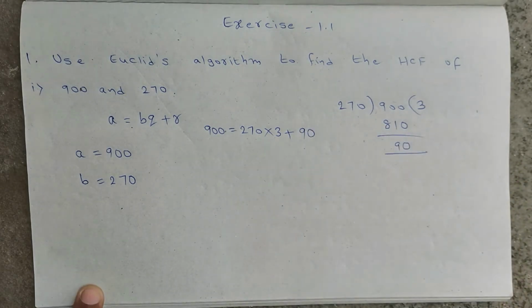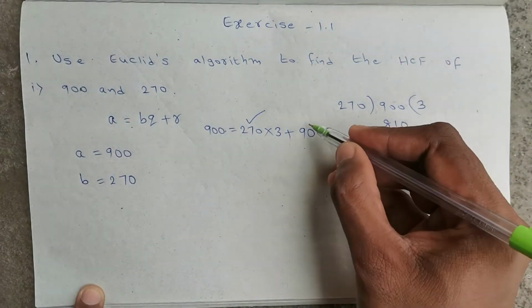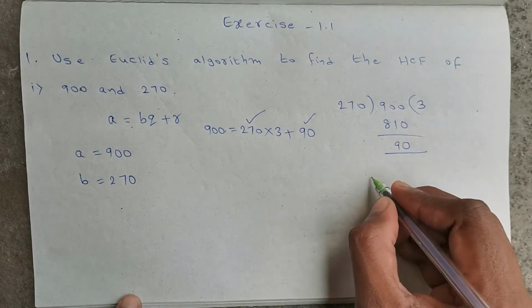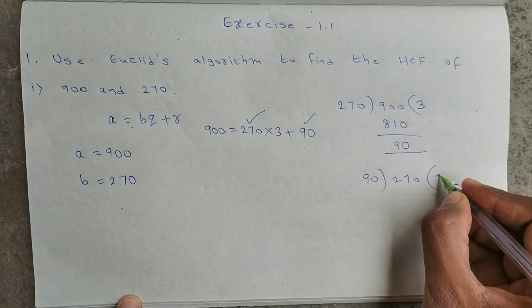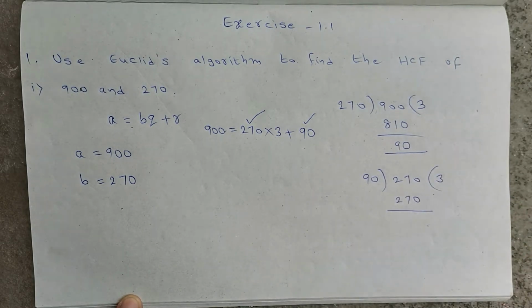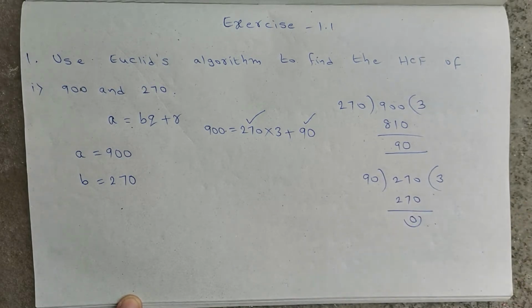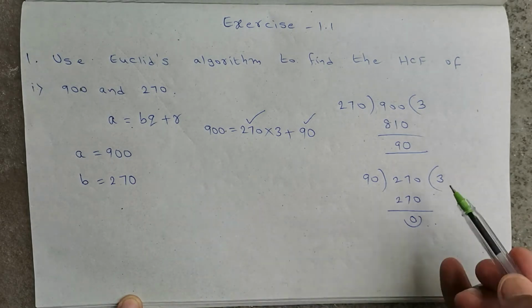Now take the divisor and remainder. Do division again for those two numbers, 90 and 270. 90 threes are 270. 270 minus 270 is 0. So again write this in the form of a = bq + r.